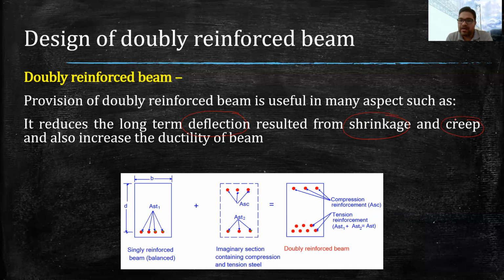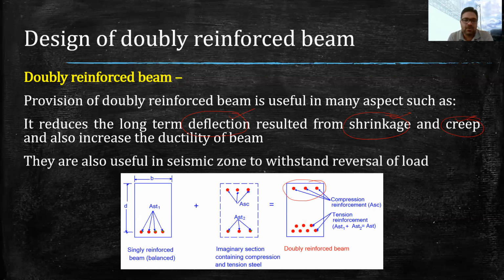Because of creep and shrinkage, the durability of the concrete is also affected, and the deflection may increase. In the long term, if we use a doubly reinforced beam, the deflection can be decreased when we provide the compressive reinforcement.